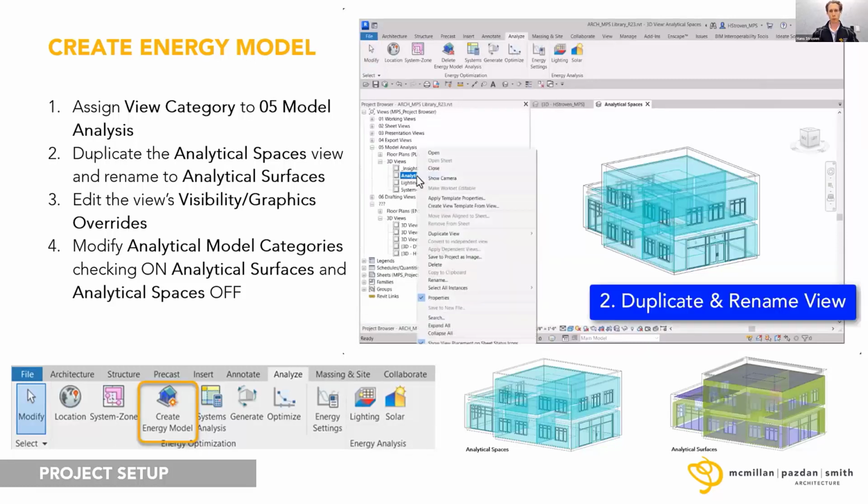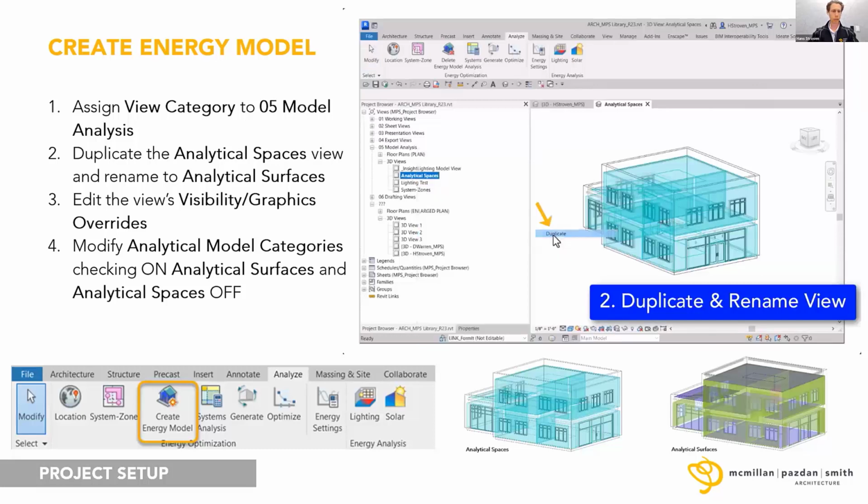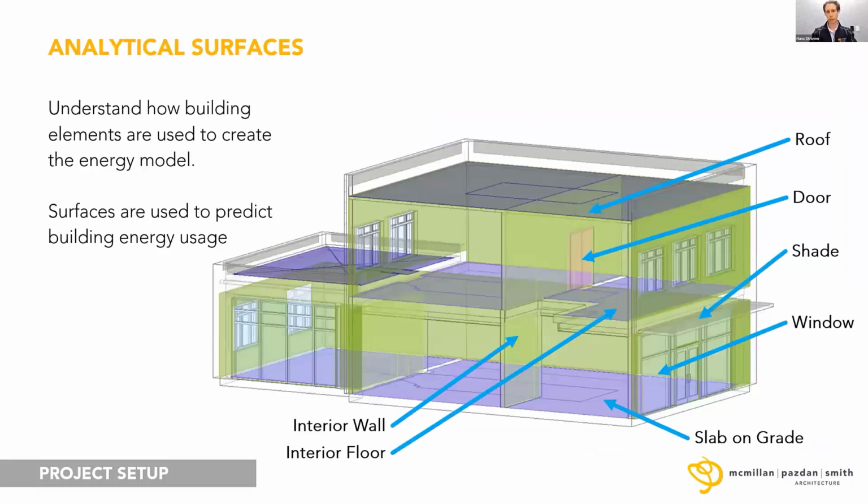So once we've gone through and set up those basic items, well then looking at this as a spreadsheet here, it will divide your building up into the roof, doors, shading devices, windows, the different floor types, whether that be a slab on grade, interior floors, interior walls, exterior walls.